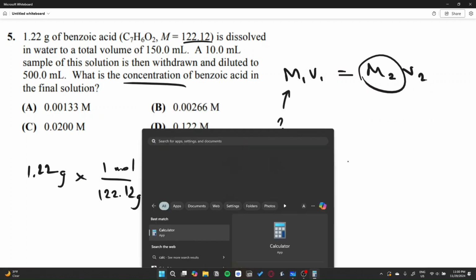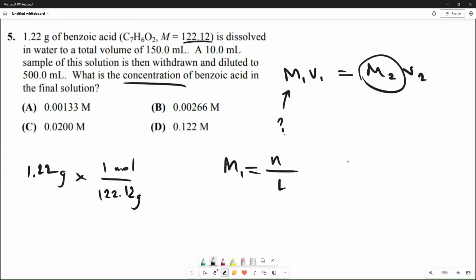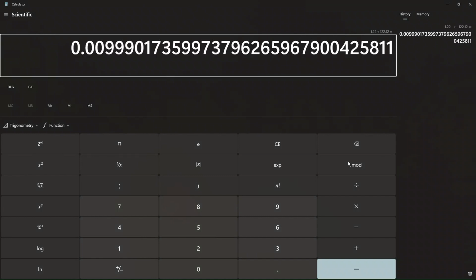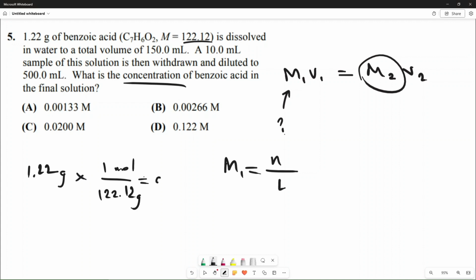So 1.22 divided by 122 is equal to 0.00999, about 0.01. So this is the initial amount of benzoic acid we have.